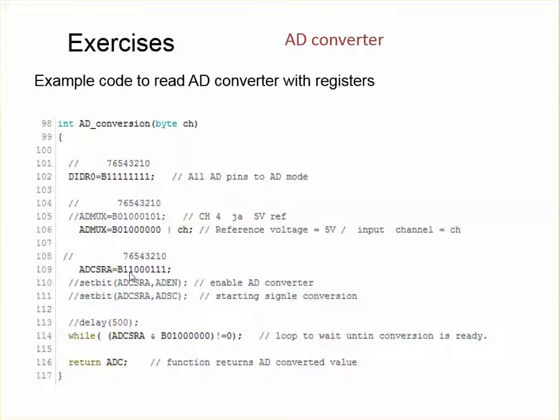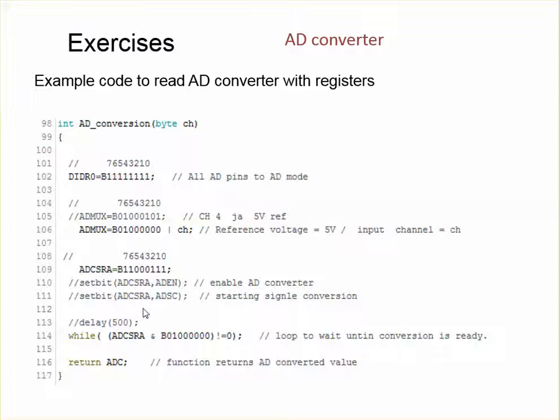If you look at the earlier slides, you could see that here is the enabling of the AD converter with this highest bit, and the next bit means that it will start the conversion. So it means switch on the AD converter and start the conversion. Then the conversion is started. Because the conversion is started here, we have to wait until the conversion is done.